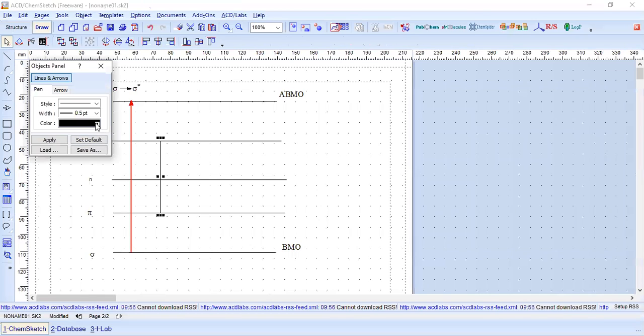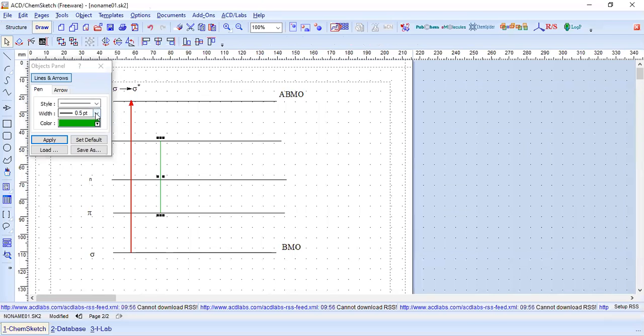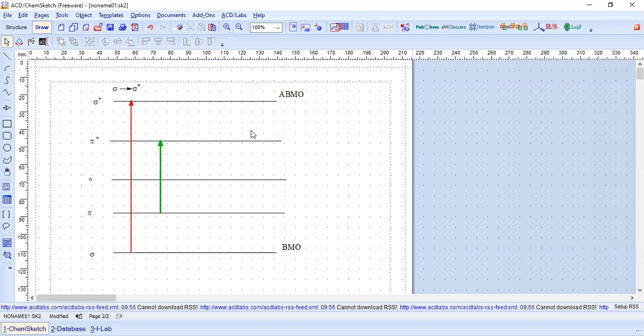Now see the difference between this and this. What is this? Pi to pi star transition. Pi to pi star transition.